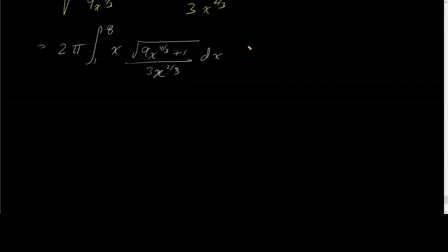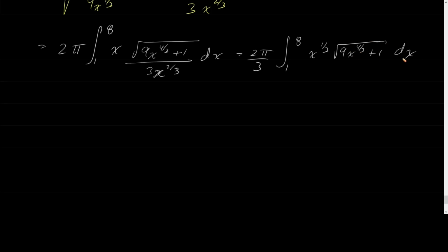This 3, pull it on the outside, so we have 2 pi over 3, integral from 1 to 8. This x to the first and x to the 2/3 on the bottom gives me x to the 1/3 on top, right? 1 minus 2/3 is positive 1/3. And in here we still have the square root of 9x to the 4/3 plus 1 dx.